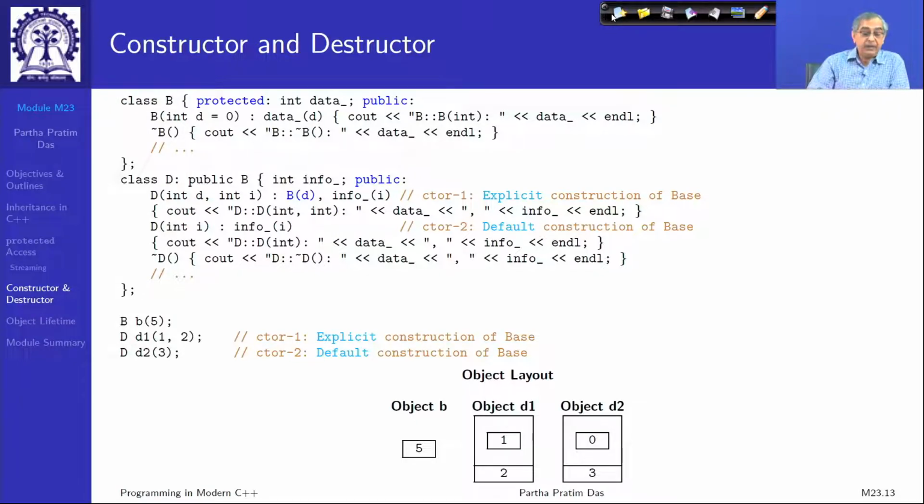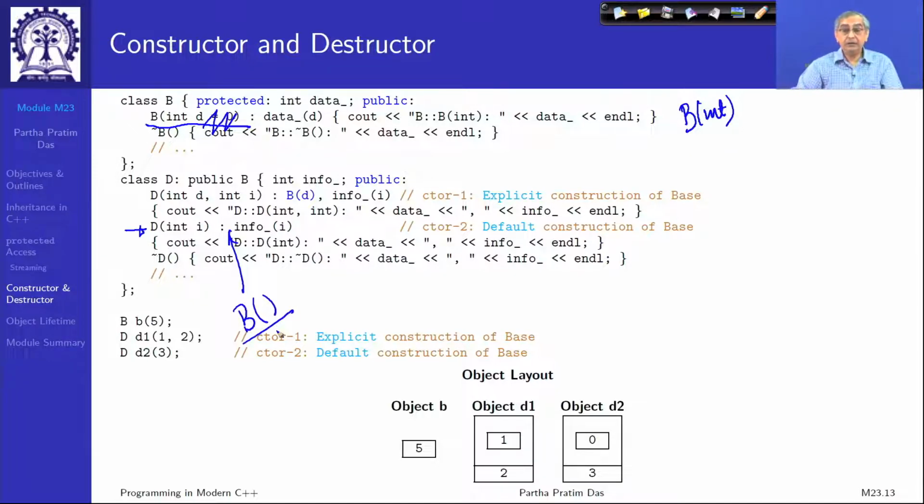It is important to see that suppose here I had not given a default constructor in the process. What if I did not write this, did not default this parameter? That means I have only one constructor which is B int. In that case, this constructor, which requires the default constructor of the base because I have not invoked it, does not get an appropriate constructor in the base class.